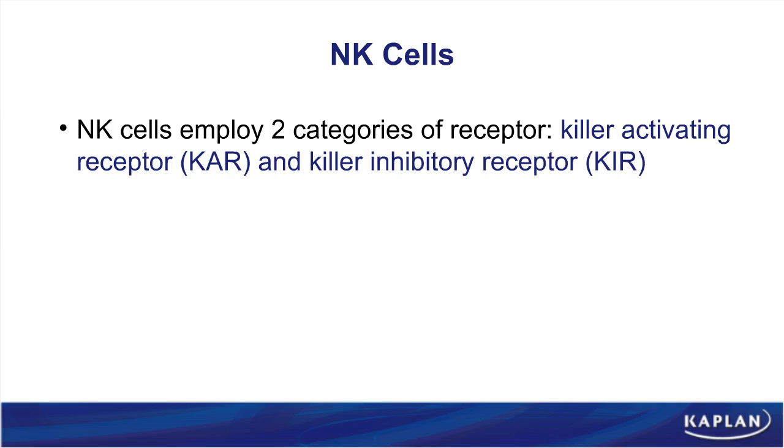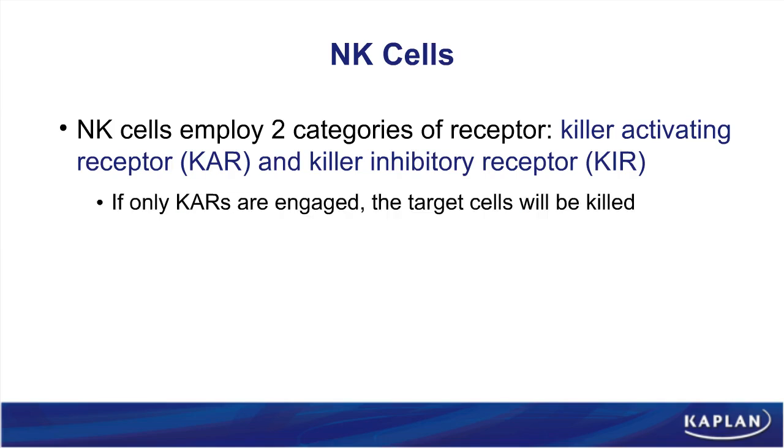Natural killer cells, through an inhibitory receptor, recognize whether or not a cell is expressing class 1 MHC, and if it is not, will kill that cell because they know that all nucleated cells should be expressing class 1 MHC. So we're going to take a look at the receptors. We'll talk about the killer activating receptors and the inhibitory receptors, and then we'll talk about how they function.